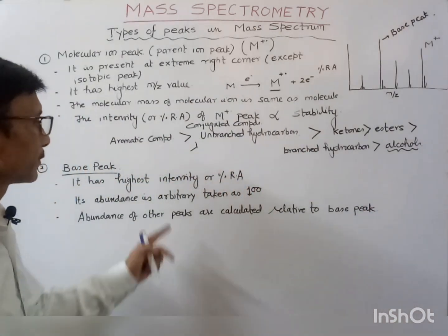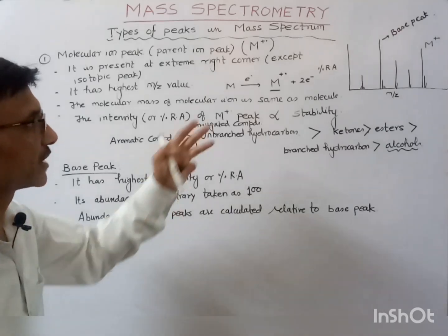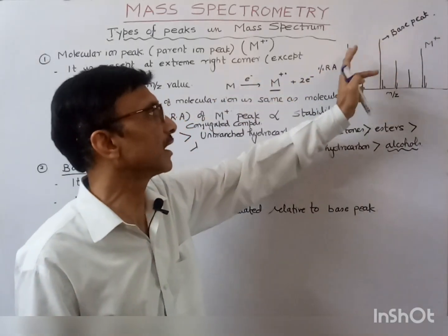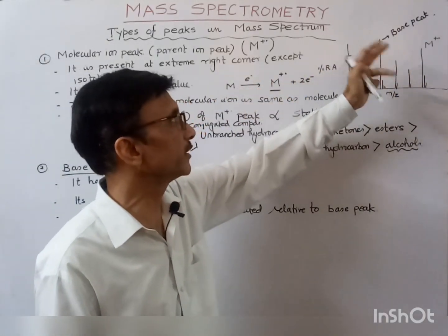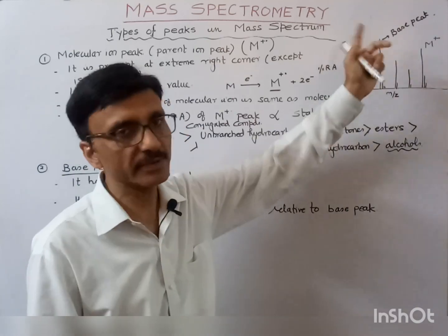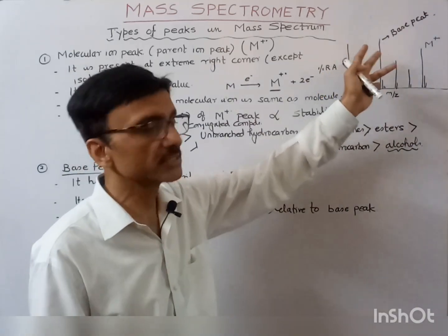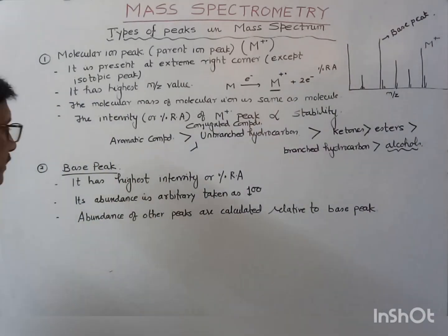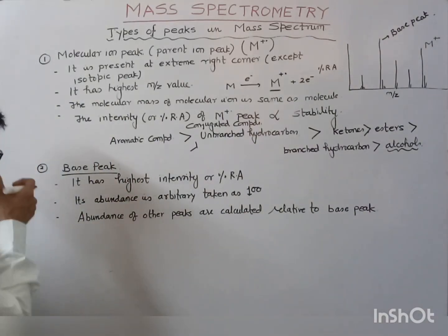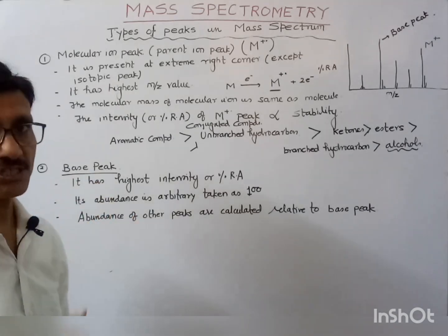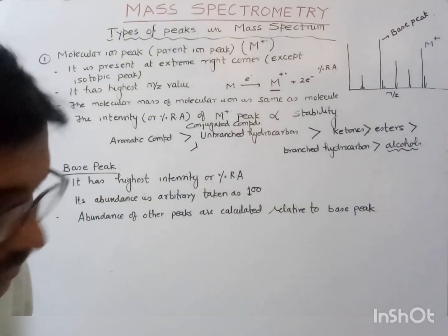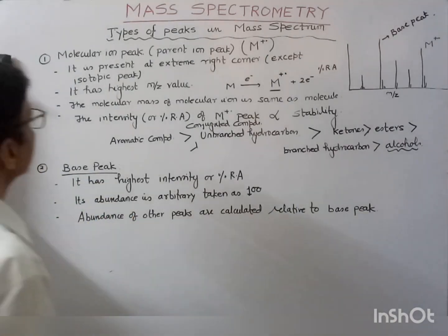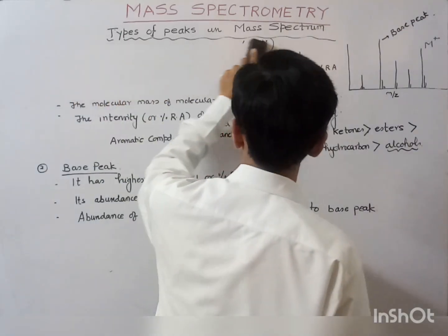So this is the main significance of the base peak: the abundance of other peaks is calculated in comparison to this base peak. That is why it is called the base peak. Now the next peak is the metastable peak. Now let us see another type of peak, the metastable peak.